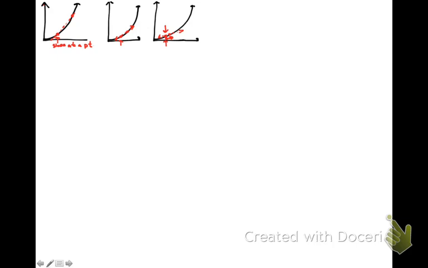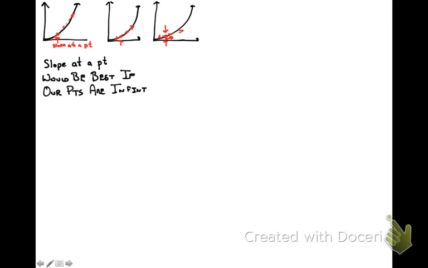Right? So the idea is something along the lines of that the slope at a point would be best approximated if the points we're using are infinitely close, or infinitesimally, it's probably not spelled right.